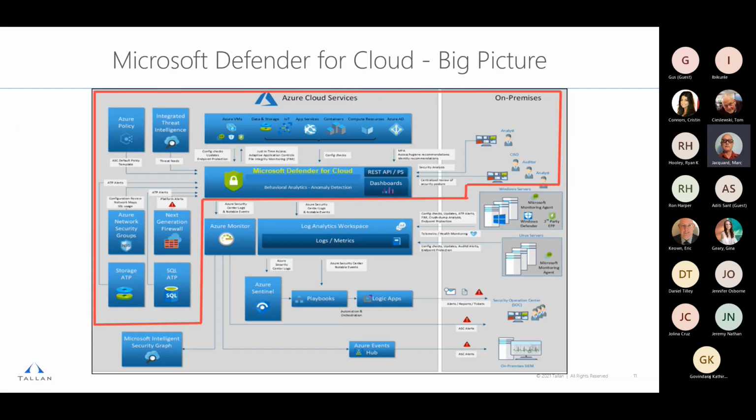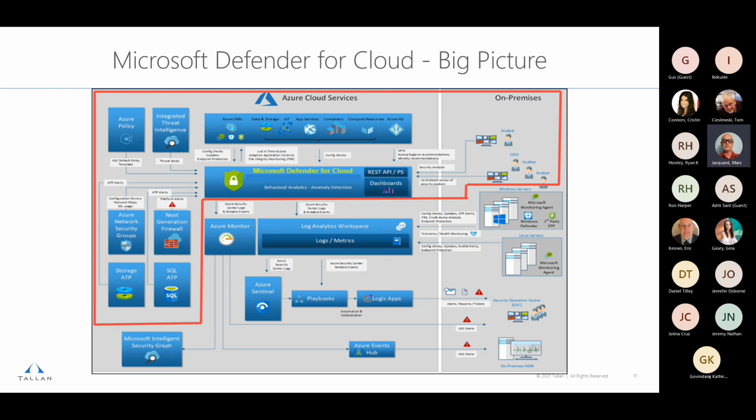So when we look at the big picture here, where does Defender for Cloud actually play? The first thing I mentioned was that security lab. And you can see here, integrated threat intelligence. Well, guess what? Those people I affectionately call propeller heads, with all their diligent work tearing apart code and everything else, created a threat feed.